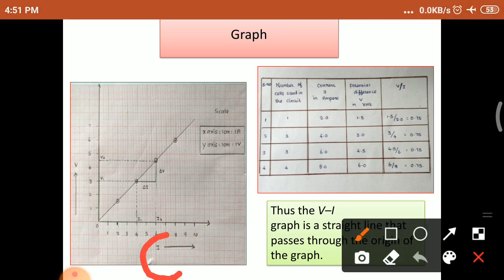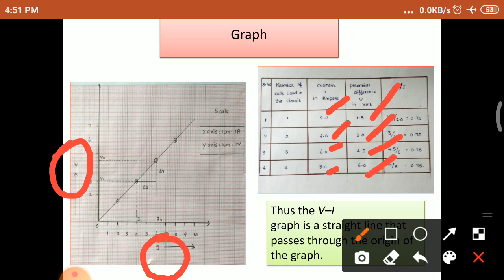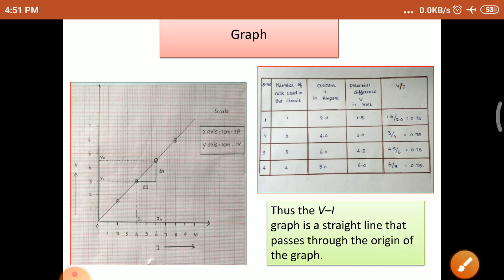The current values are taken on the x-axis and potential difference on the y-axis. The current values are 2, 4, 6, 8, so I took the values 1, 2, 3, 4, 5, 6. The potential difference is 1.5 volt, 3, 4.5 volt, 6. The minimum value is 1 and the maximum is 6, so I took 1 to 7 values.